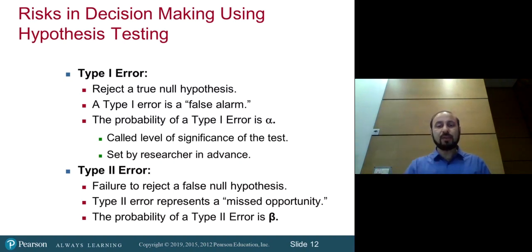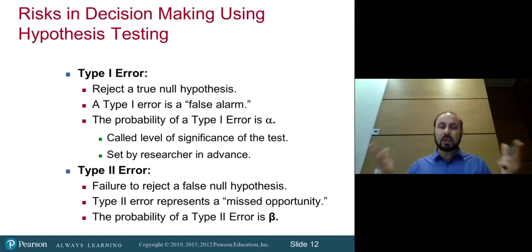The probability of type 1 error is denoted with alpha, called the level of significance of the test, and this is set by the researcher in advance. Remember, earlier we mentioned alpha can be 0.05, it can be 0.01 if 99% confidence level, and it can be 0.10 if you are setting a 90% confidence level.